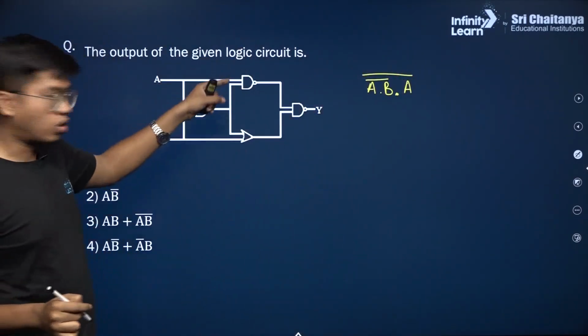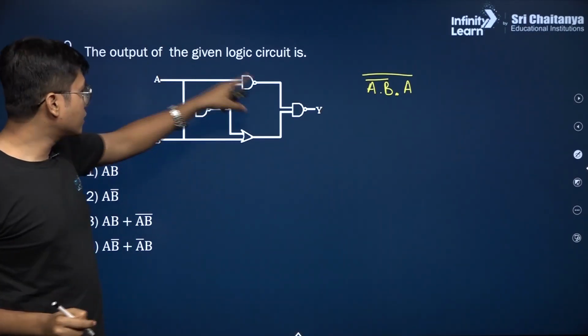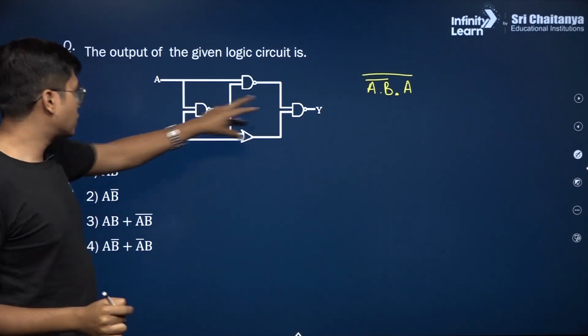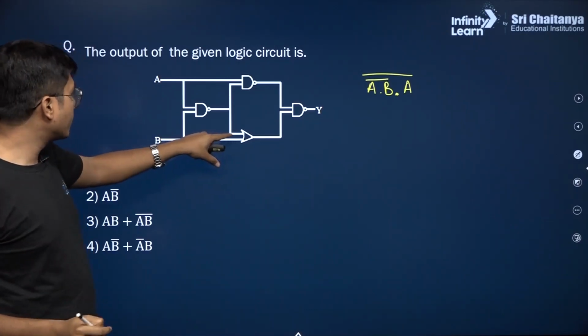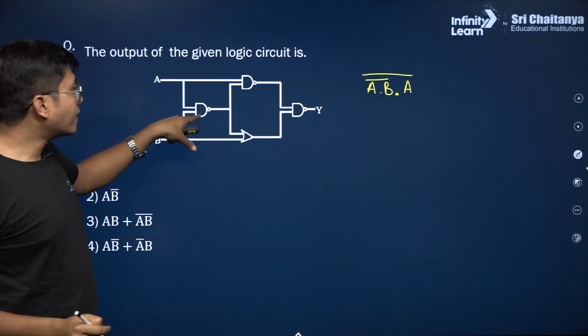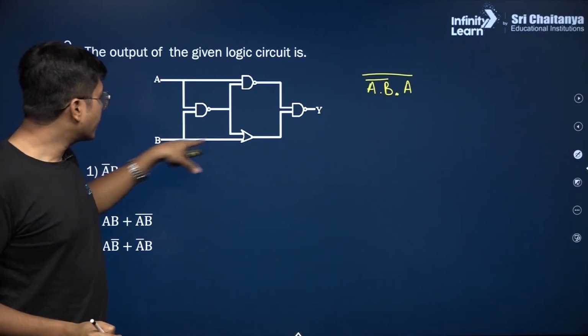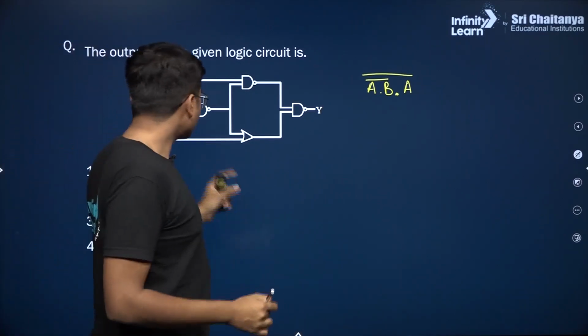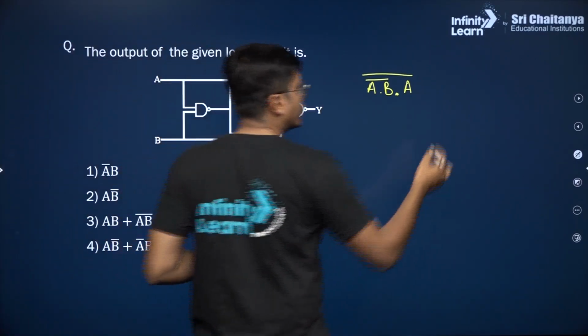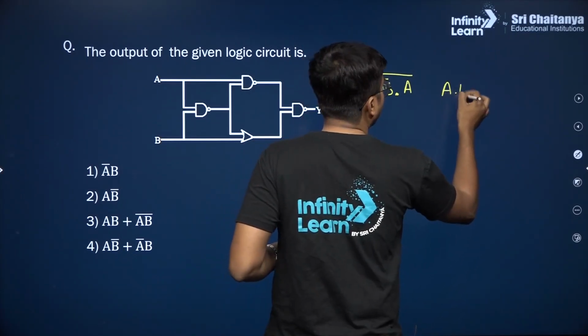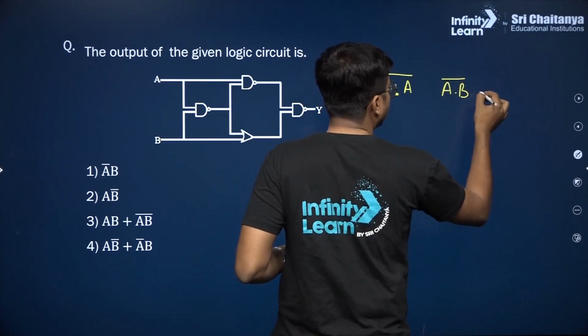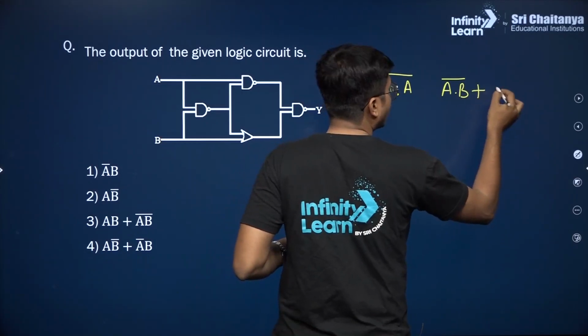And this is again into a NAND with another, we'll go into that later. Let's see what's happening here. This side you have that A dot B bar connected to a B, and A dot B bar connected to a B bar, that is connected to a B by an OR gate.